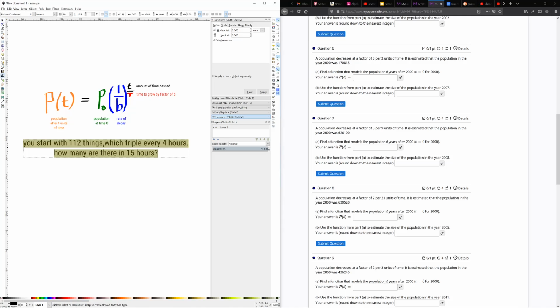So a question in this case: you start with 170,815 things, which decrease, which lose 2/3 of themselves by a factor of 3 every 2, let's say years in this case.